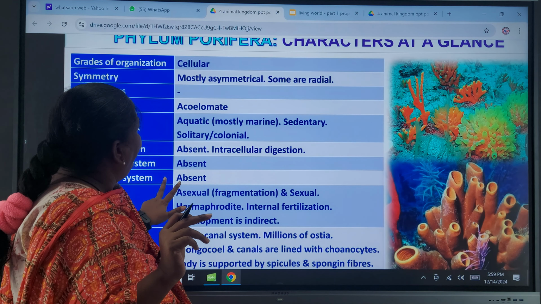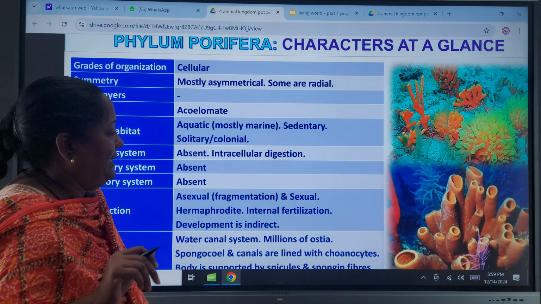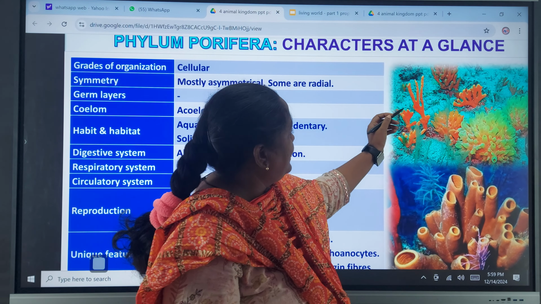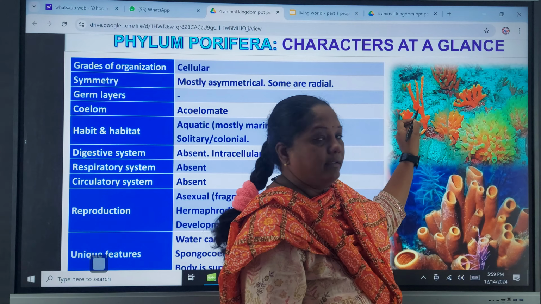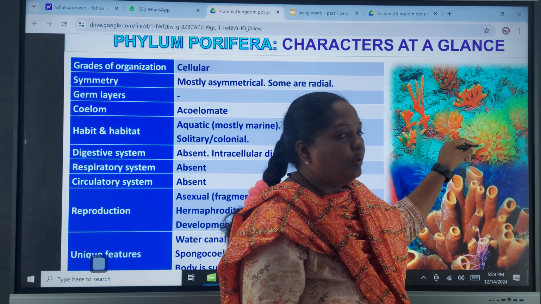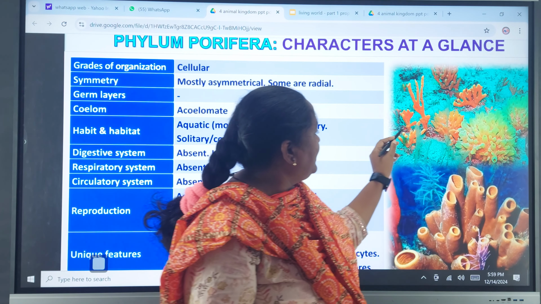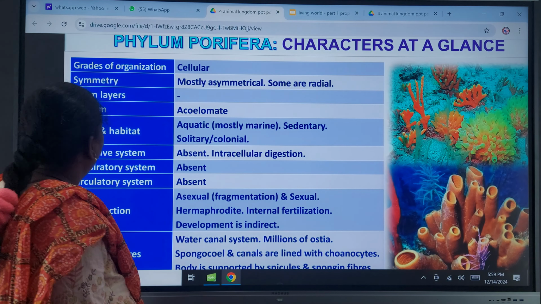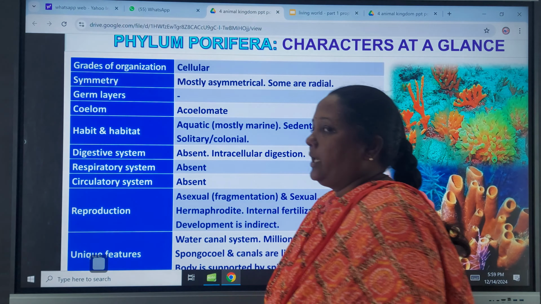Next, here are all the characters together. Let's see once. The sponges are sedentary, they are attached. They may live colonial, grouped together, or they may live single. These are the grades of organization.